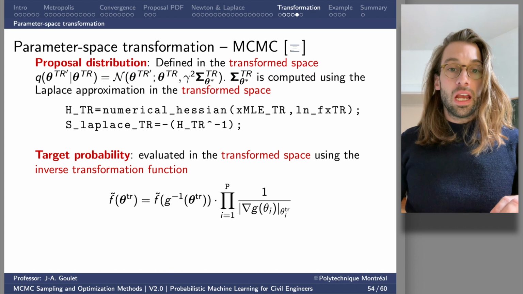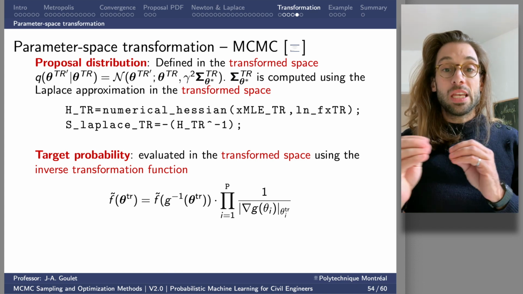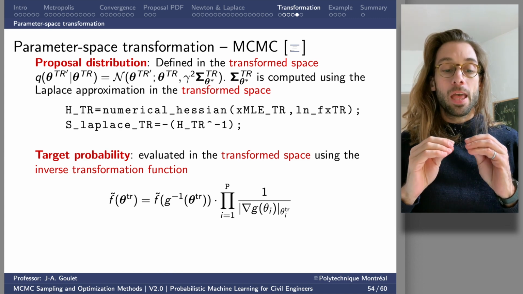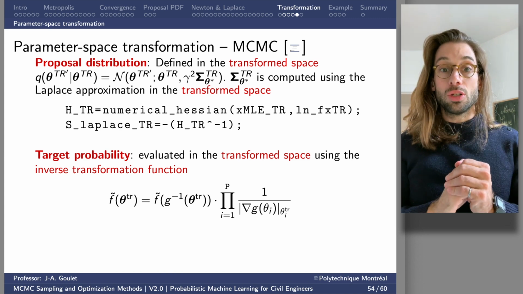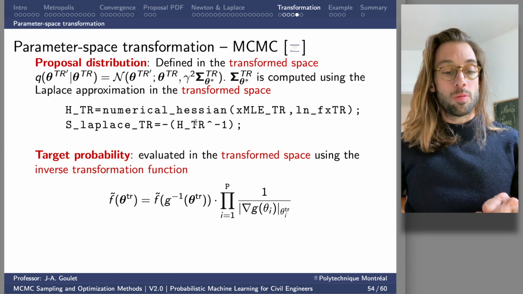So here we have to be careful when we're doing MCMC, because since we're having a space transformation, we need to correct our target function evaluation, okay, to keep the probability content in the now transformed space.